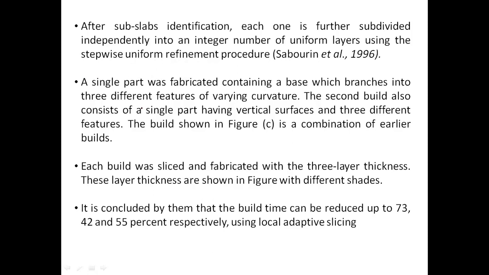Thicker layers have more contraction. As a result, the geometrical accuracy is compromised. So definitely the build time was saved using local adaptive slicing, but the problem of geometrical intolerance or geometrical inaccuracy actually started creeping in.